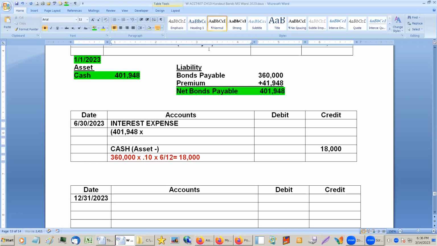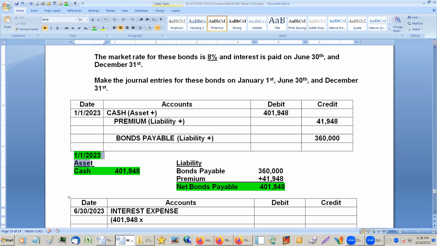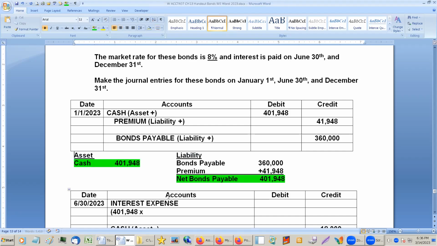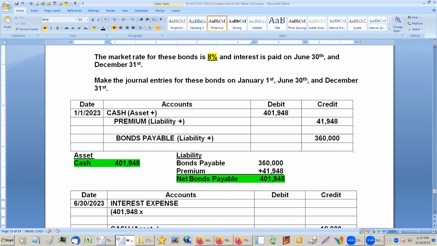And at what rate did we actually borrow it? We actually borrowed it at 8%.